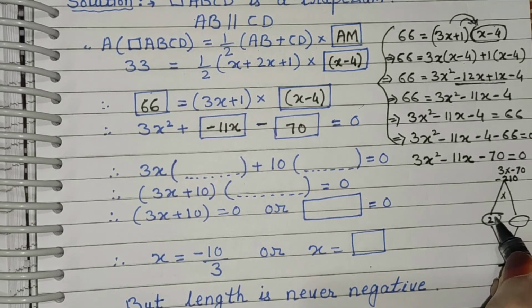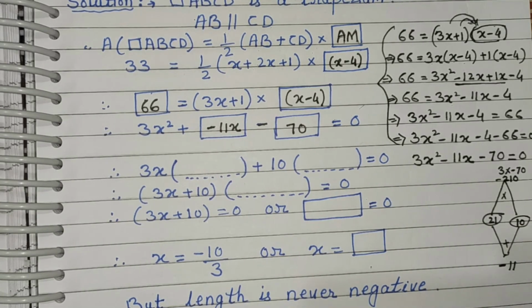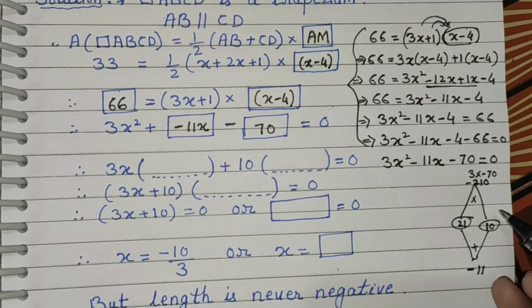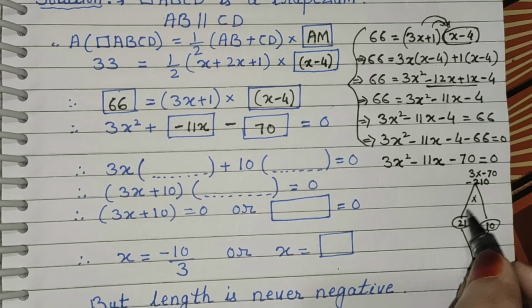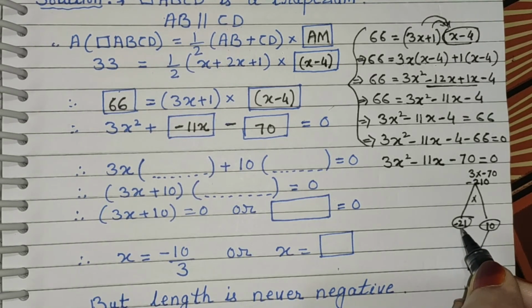Therefore, two numbers we take here 21 and 10. Now 21 into 10 we get 210, but here sign is negative. Therefore, one number should be negative. Now look at the sum here. It is negative. Therefore, greater number must be negative and the smaller one is positive.